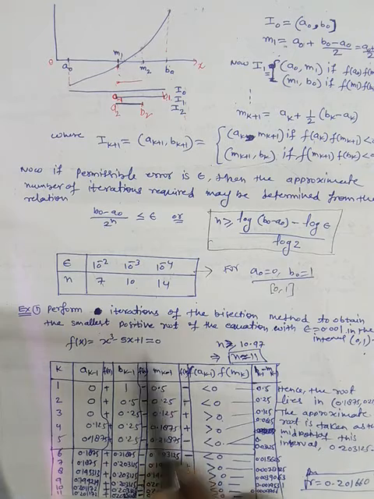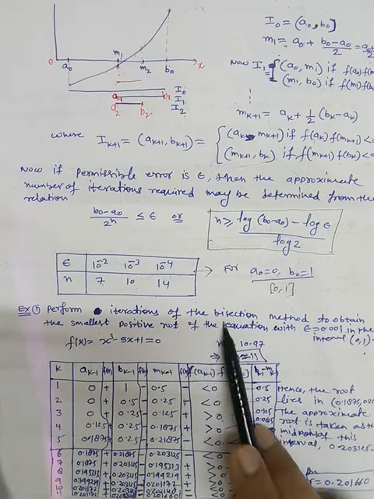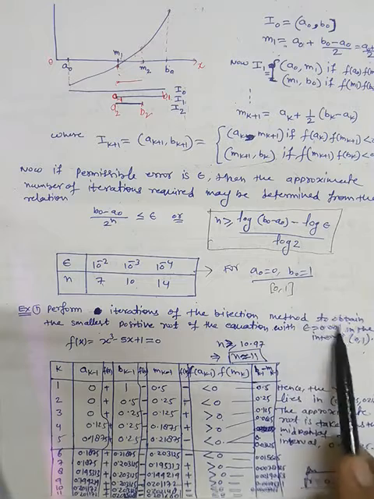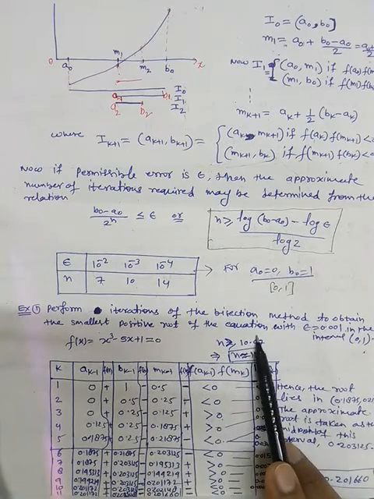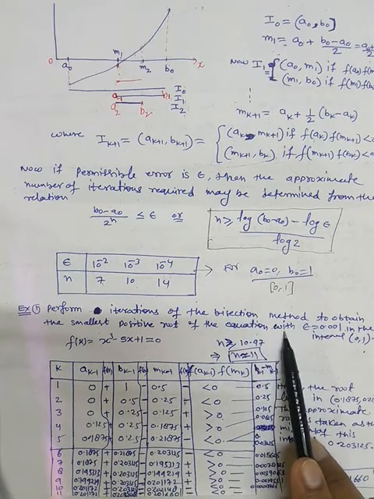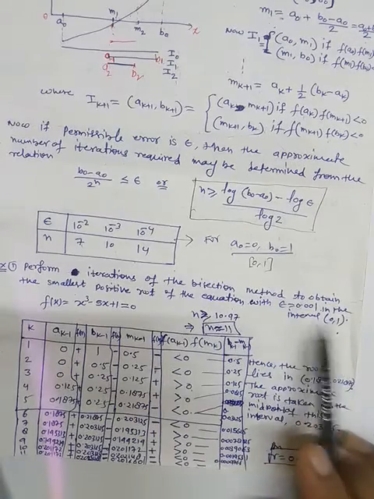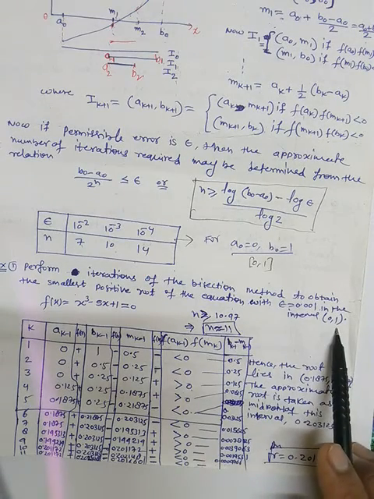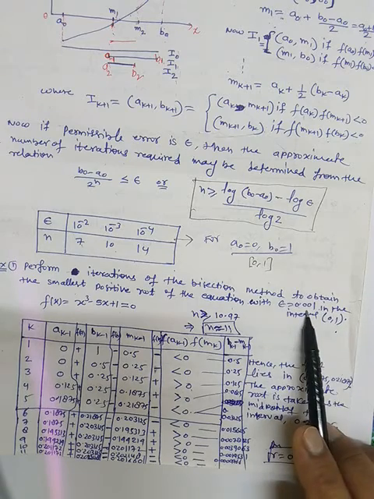A polynomial is given to you. So perform iterations of the bisection method to obtain the smallest positive root of the equation with epsilon equal to 0.001 in the interval 0 to 1. So this is your a naught, this is your b naught, and this is your epsilon.